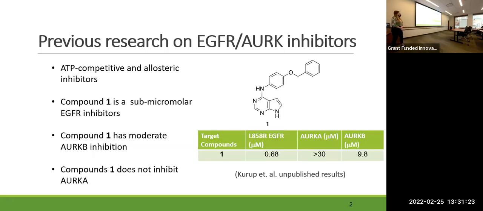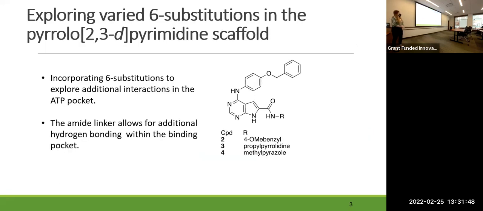I don't have a lot of background because most of it is the same as Nick and Justin's background, but the compound shown there is a compound that we found was a dual inhibitor for EGFR and aurora kinase B. It's ATP competitive and allosteric, and it doesn't inhibit aurora kinase A. The majority of my research has focused on substitutions at the 6th position.